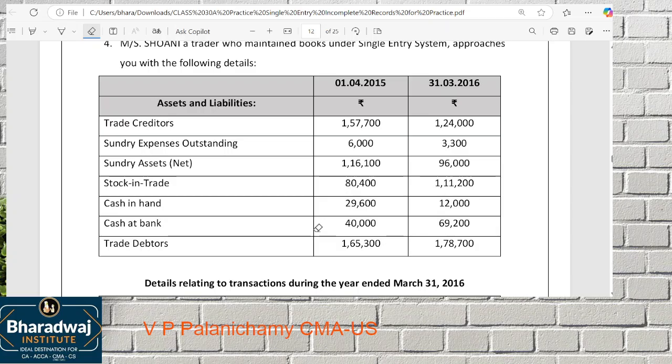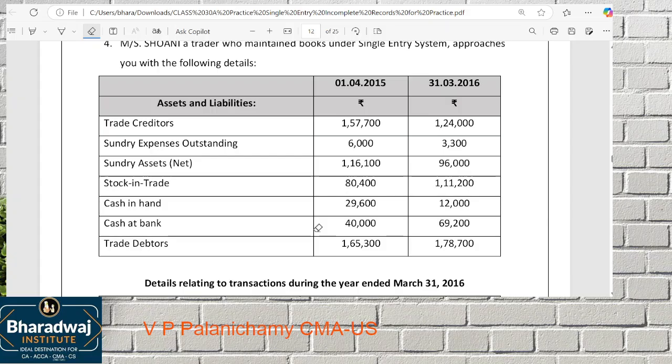Nothing but they allowed it to us. We allowed to them. Discount allowed to them. Discount credited to debtors. In the debtors account, what will we do with the discount? We will credit it, that is why it is given.